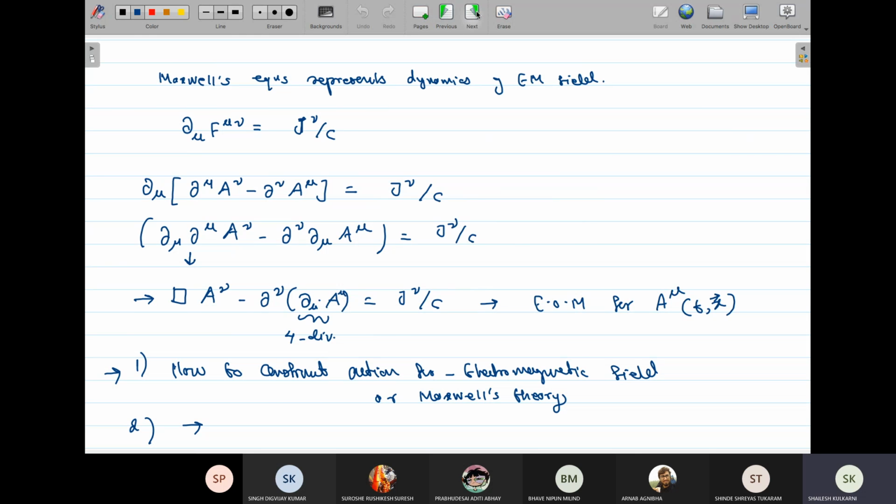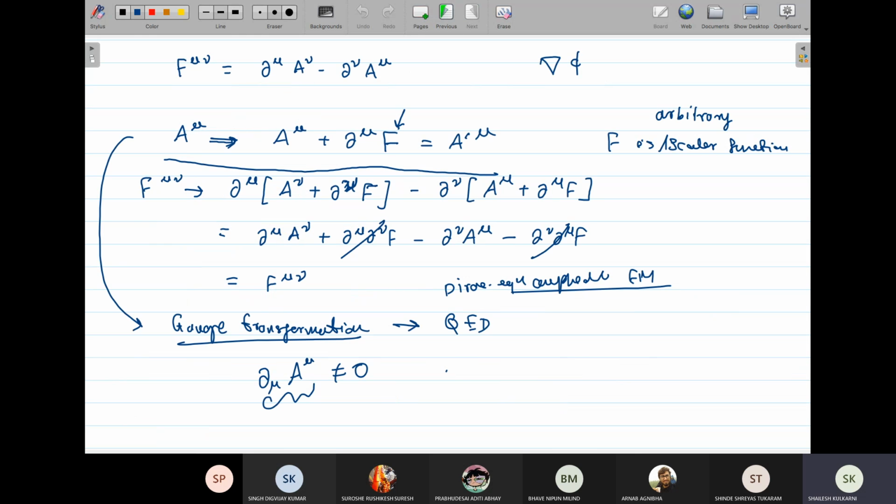Okay, so now I can construct a new vector potential, denoted by A prime, such that del mu A prime mu equals 0. Can I do that by using this? Yes, I can choose this F in such a way that this new A prime mu satisfies this. What do I mean by that?